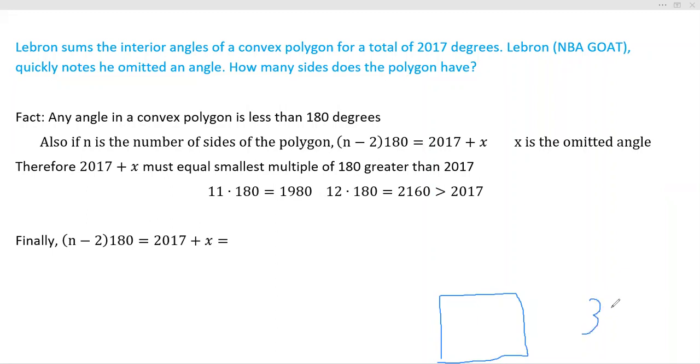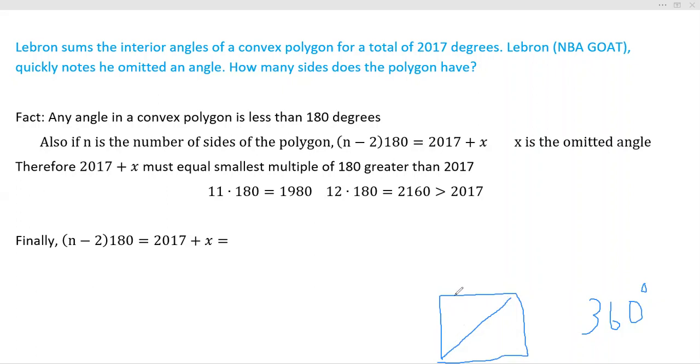Interior angles sum up to 360 degrees. But notice that we can split the square into just 2 triangles. And it's well known that a triangle has 180 degrees. So this triangle, the sum of this angle and this angle is 180 degrees.